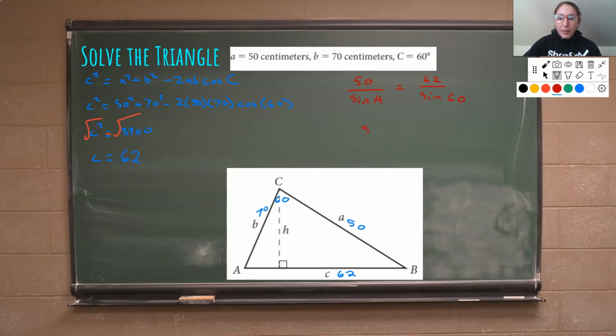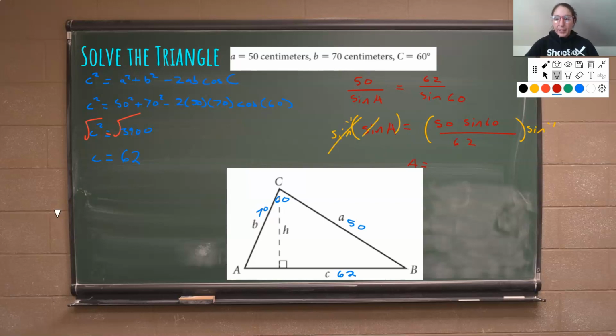Through some algebra, I know that sine of A is going to be, cross multiply, 50 times sine of 60, and then I divide both sides by 62. So we get this. Then we hit both sides with inverse sine to get the sines out.